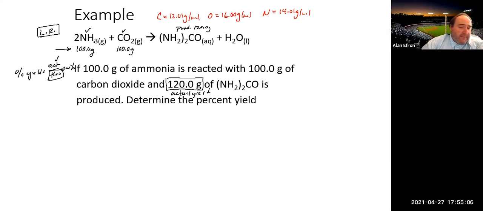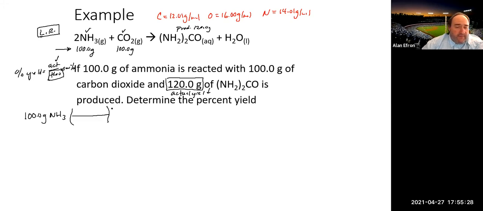First one is always to make sure that we have a balanced equation. I see a 2, so I'm fairly confident that we have a balanced equation here. The next thing we want to do is convert what they gave us into moles. So the first thing we would do is take the 100 grams of NH3 and convert that into moles.